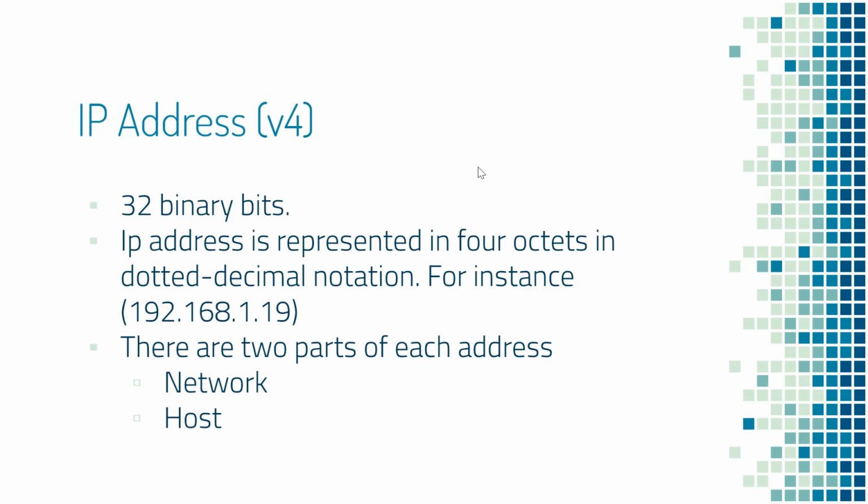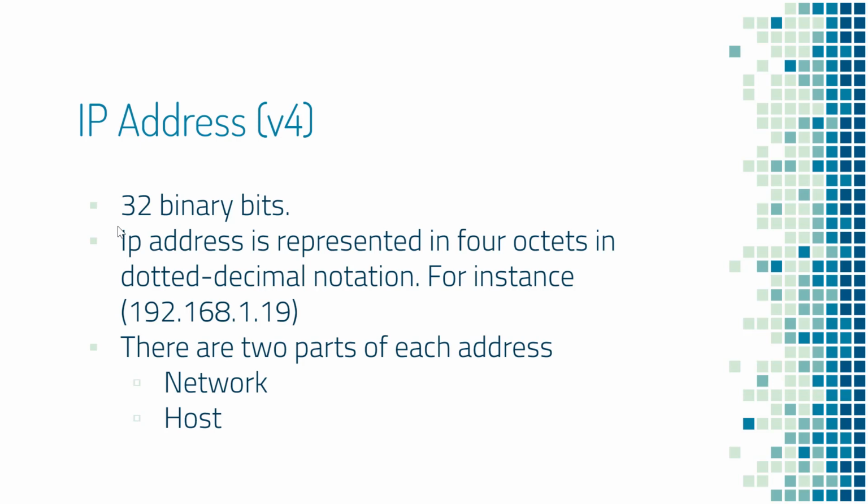But the thing that you need to understand about the IP address is that it's 32 binary bits. It has 4 octets, as you can see here. This is the first octet, second, third, and fourth octet. Here, it's 8 bits, 16, 24, 32. That's why we said it's 32 binary bits.